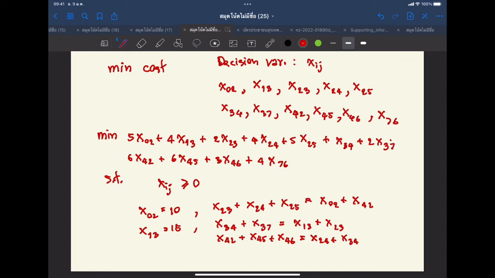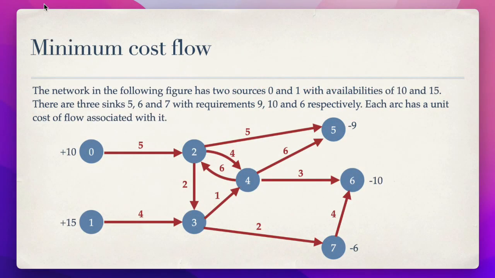For that case you may have to treat the problem as a multi-period optimization problem too. So it's possible that you combine different categories of problems together. For example, you can combine the minimum cost flow and multi-period optimization problem. Okay, so we finish this problem here.